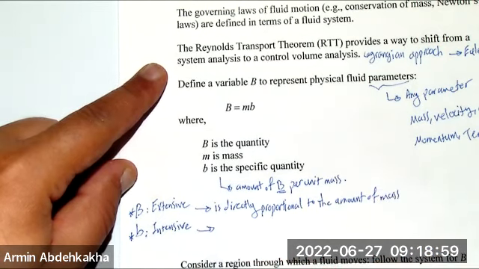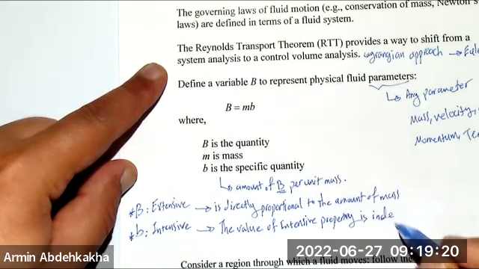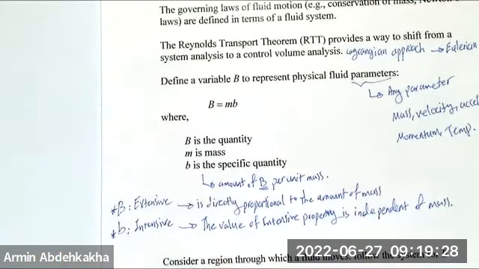And the value of the intensive parameter or property is independent of mass. That's the difference between these two, okay?